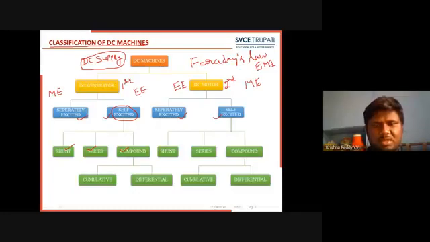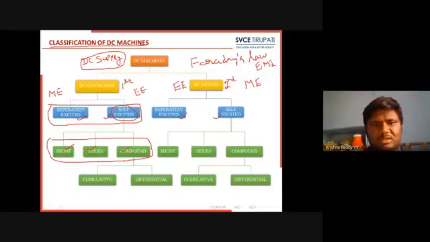We will discuss all these later. Again, the compound generator is classified into two types.